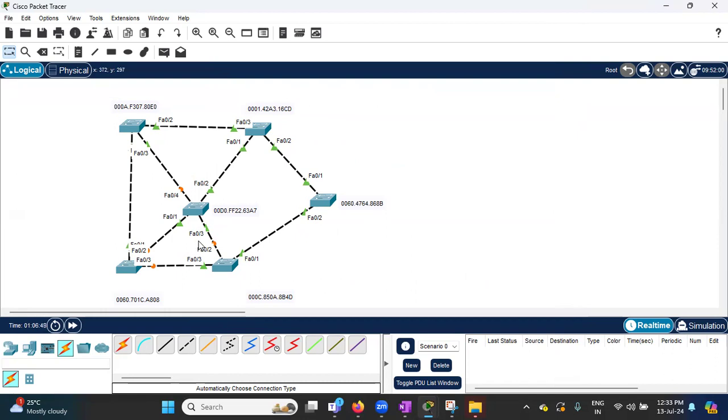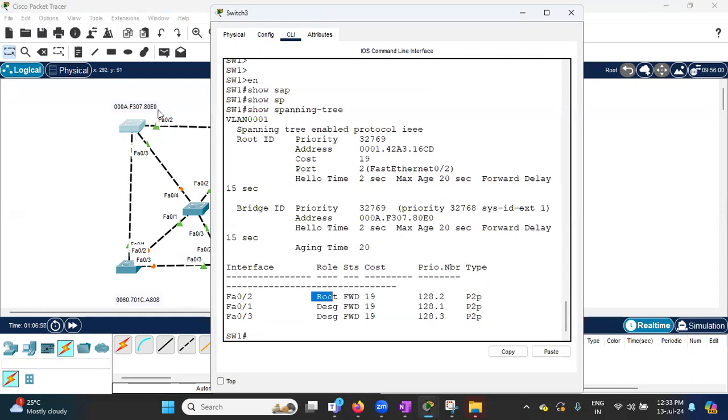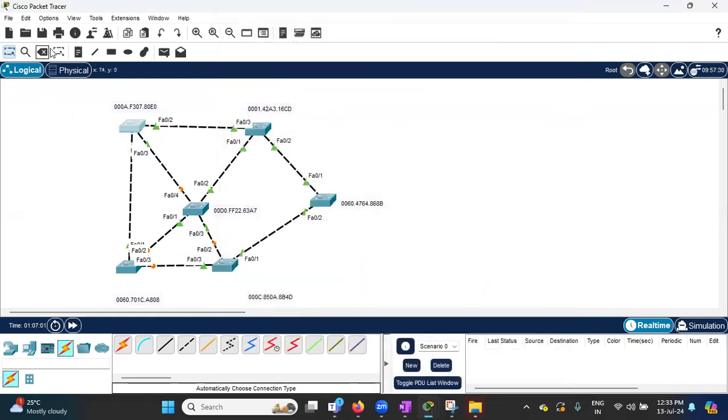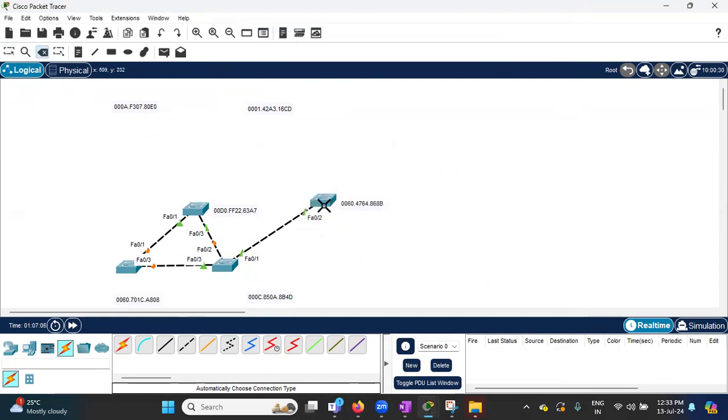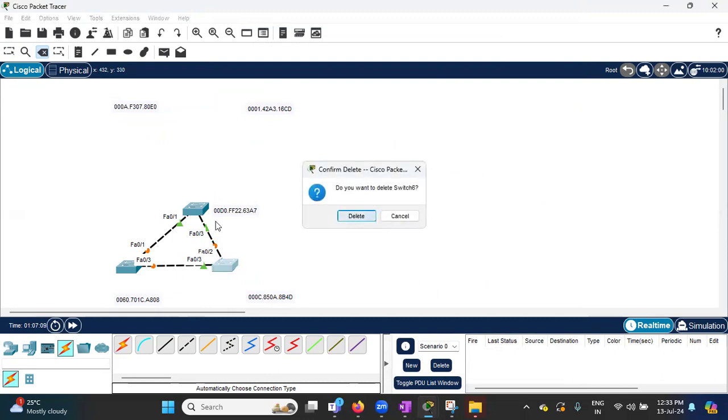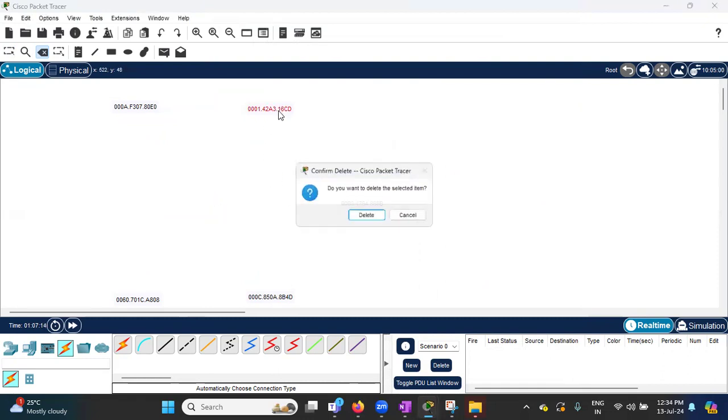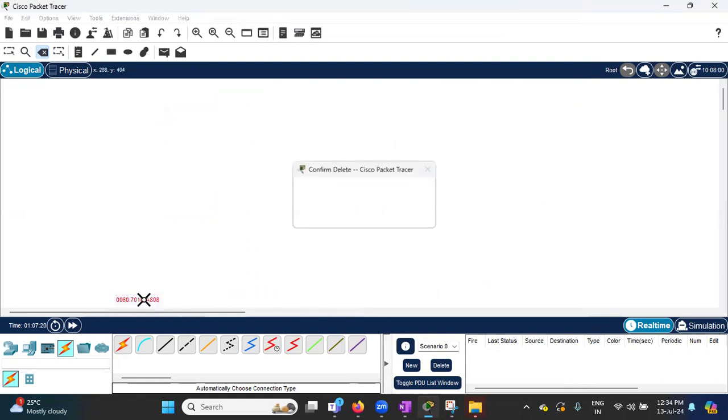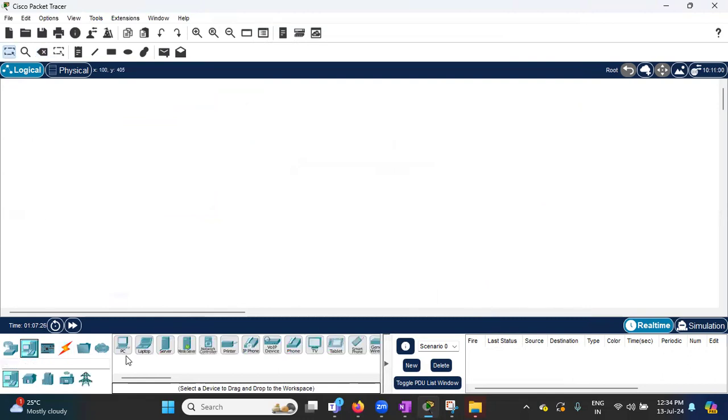Now we are changing our scenario, which an interviewer generally asks. So let me cancel all this. Generally, the interviewer asks this question.